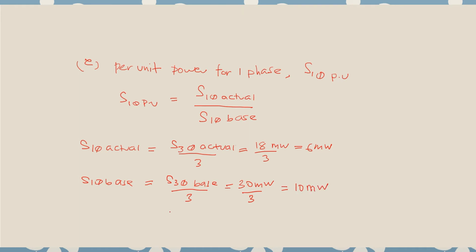Now you can calculate the S for single phase per unit: take the actual, divide by the base. So 6 divided by 10, and you get 0.6 per unit. So that is example 2.8.